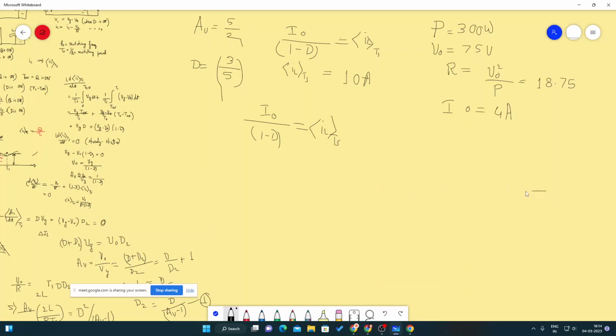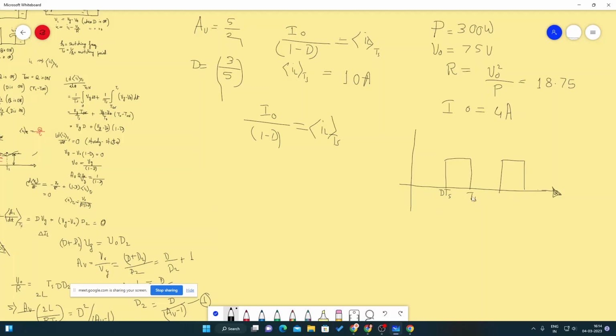Let's consider that the inductor current has no ripple. This is an assumption. So there is no need of a capacitor, because there is no ripple, nothing will flow through the capacitor. Capacitor does not allow DC current, right? So what will be the nature of the output current, the current through the resistance? It will be a pulsed current, right? Only for DTS to TS.